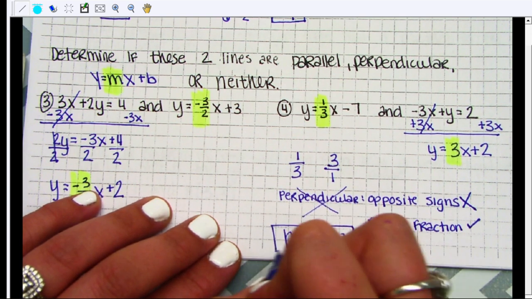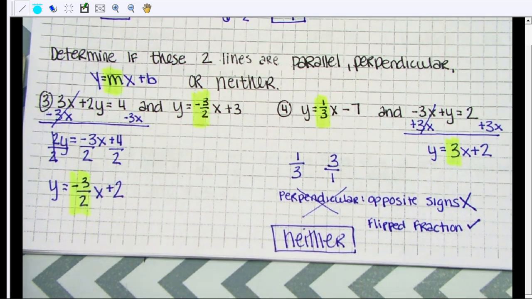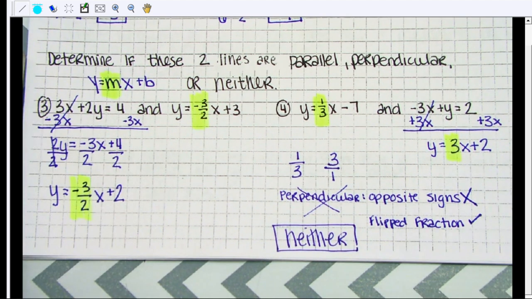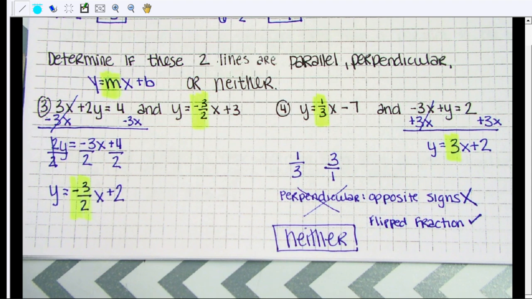Does that make sense? Confusion? What is confusing you on those? Because I heard both of the correct answers. I heard neither and I heard perpendicular. You just got to be careful. Can we see that those don't have opposite signs? Yeah, they have to have both. You've got to flip it and the signs have to be flipped.